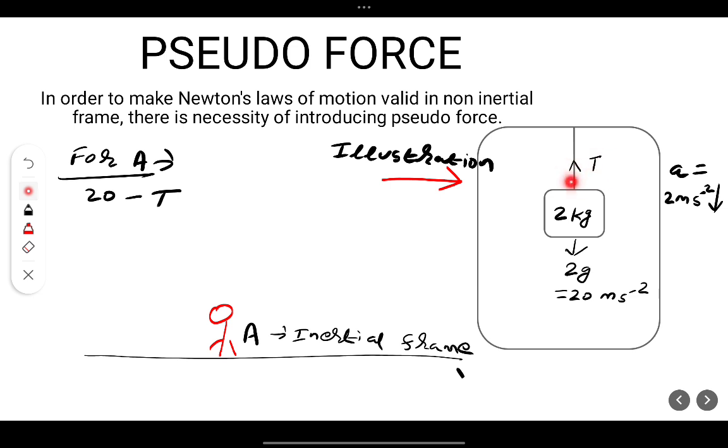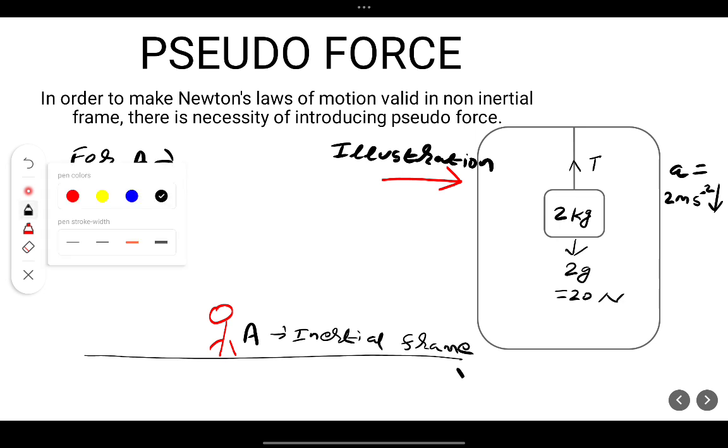This 20 is not meter per second square, sorry, this is 20 Newton, 2 into 10, because 10 is the acceleration due to gravity. So this is force, 20 Newton, acting downward.